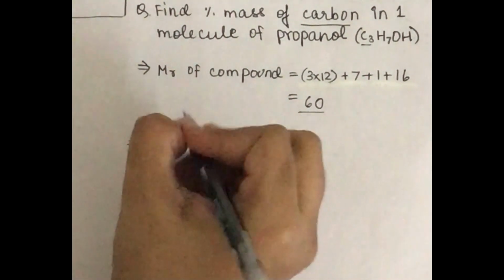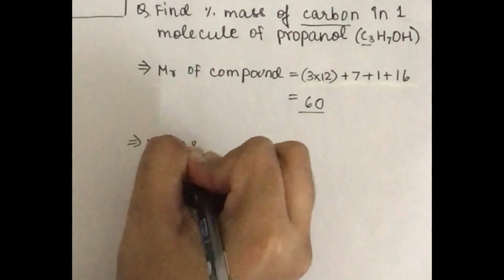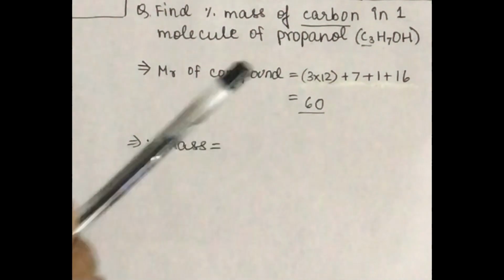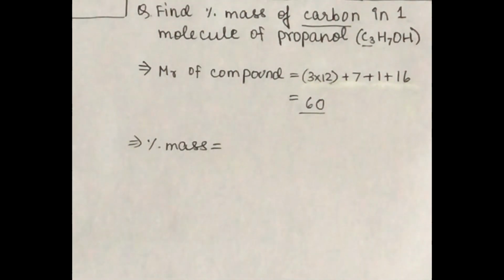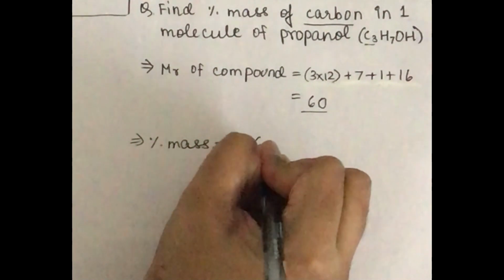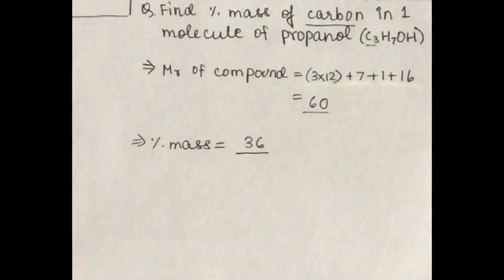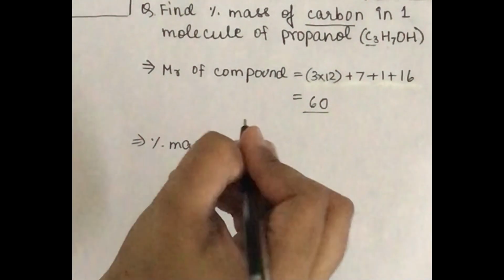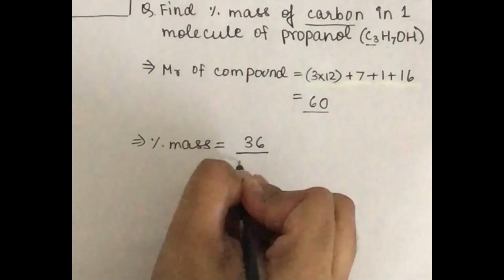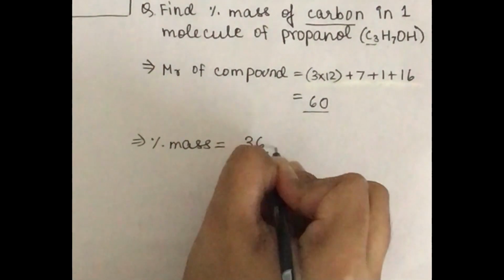Now we can substitute in the formula. Percentage mass is equal to, now we need to find carbon, and carbon is 12 into 3, which is 36. So we'll write 36 in the numerator, since that's the relative mass of this element in the whole molecule of propanol. 36 divided by the MR of the compound, propanol, that's 60, into 100%.